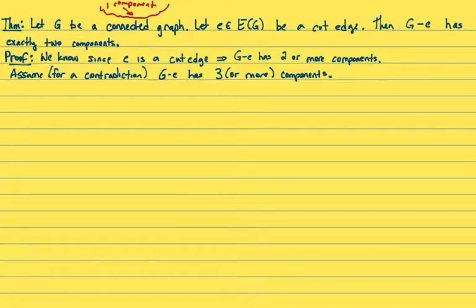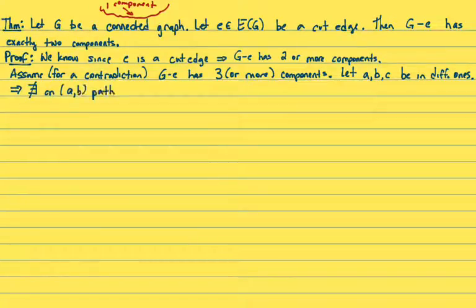So to do that, if it has 3 components, I want to pick 3 vertices out of G that are now in 3 different components. So let A, B, and C be in different components. Now, if they're in different components, that means there's no path from one to the other once that cut edge E is removed.